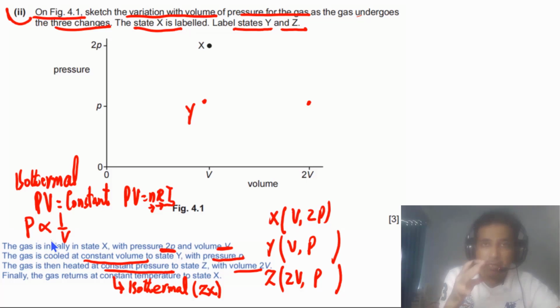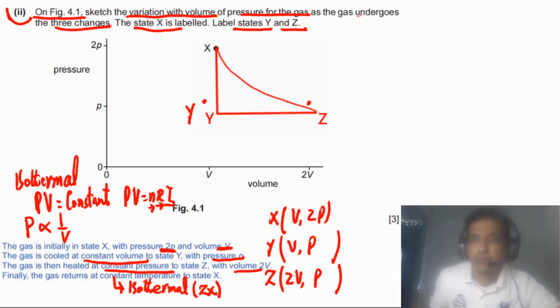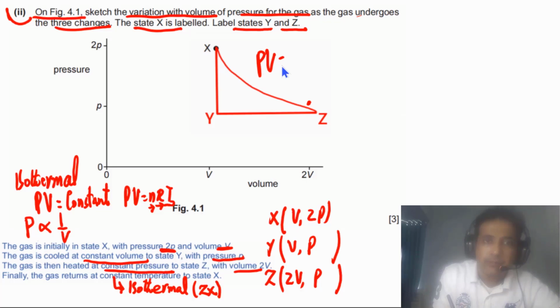So this will be a hyperbola, a kind of rectangular hyperbola. This is how you need to sketch the final curve. So let me clean this, and this is our final answer. I hope this is clear to you. It has to obey PV equal to constant, because this is an isothermal process.